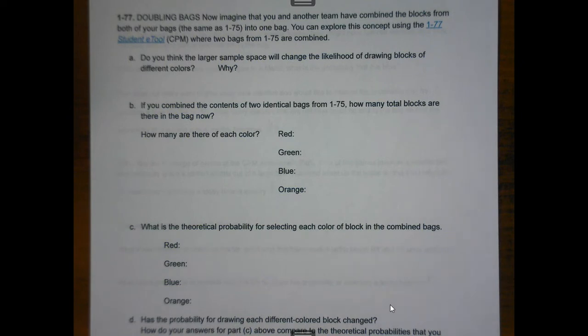So starting with letter A, do you think the larger sample space will change the likelihood of drawing blocks of different colors?